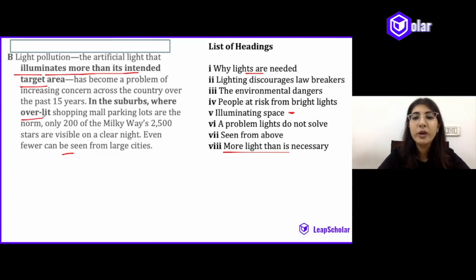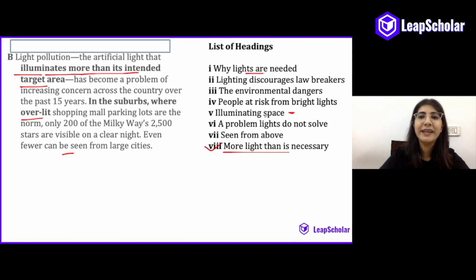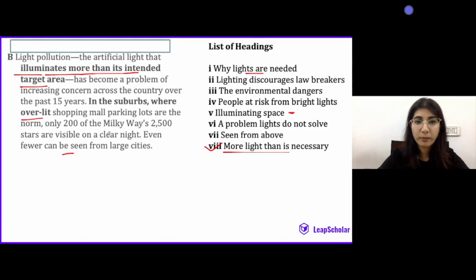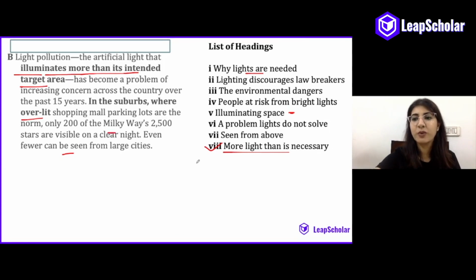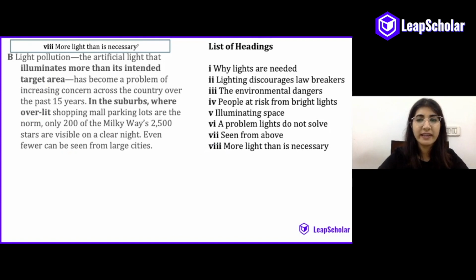So these are two indications which tell you that this is slightly more suitable as compared to just a vague illuminating space as a heading, because it does not talk about the space being illuminated, although it does talk about the Milky Way, but not in that context. So this brings us to our second conclusion, that this is the correct heading for this paragraph. So, more light than is necessary.